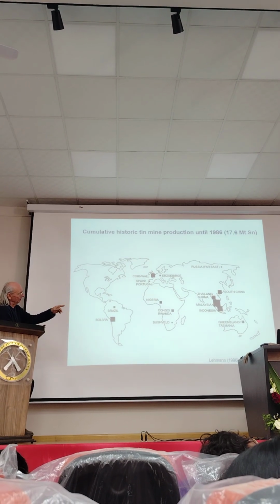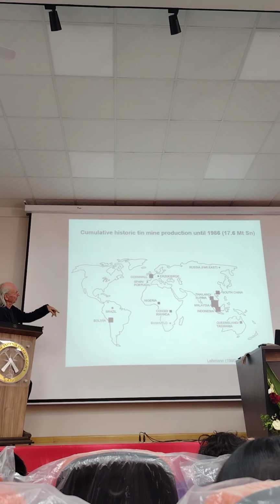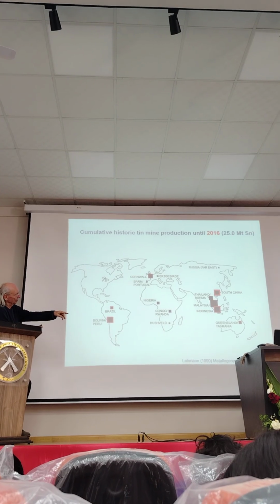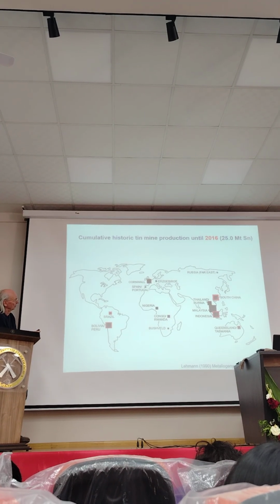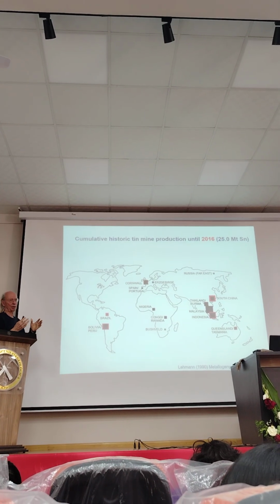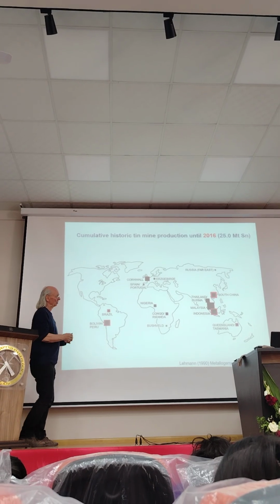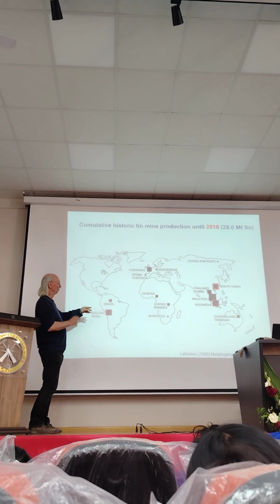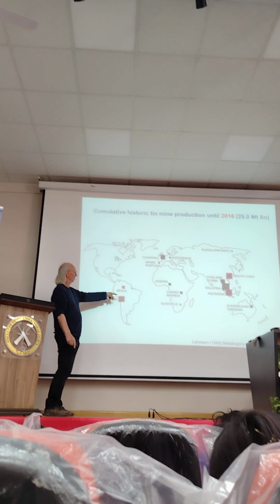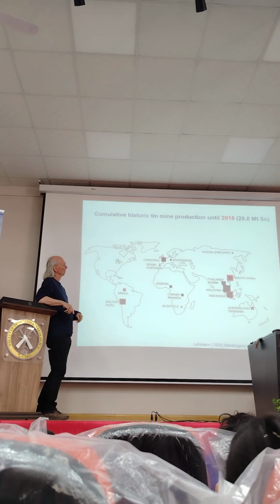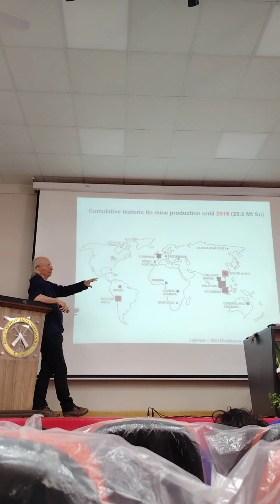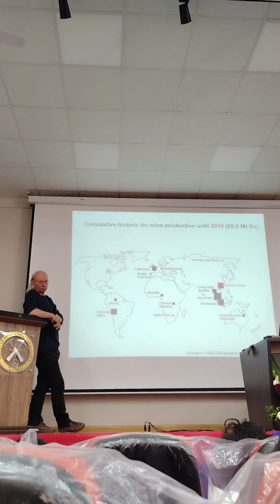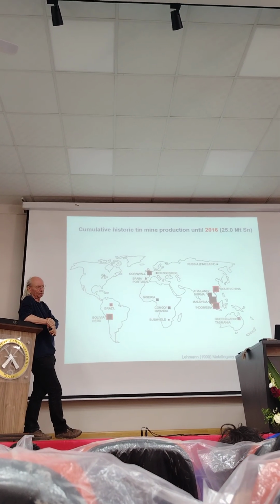So I did then, a few years later, I did this. This was in 2018. I updated these historic numbers with the production up to 2018, and nothing changed. The additional data is the red rims here. So we remain with the same tin provinces. There's no new tin province found.